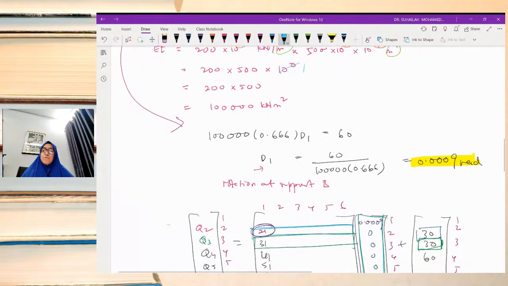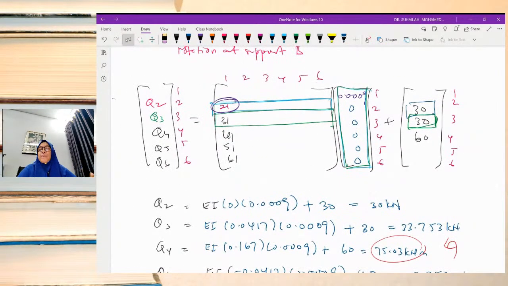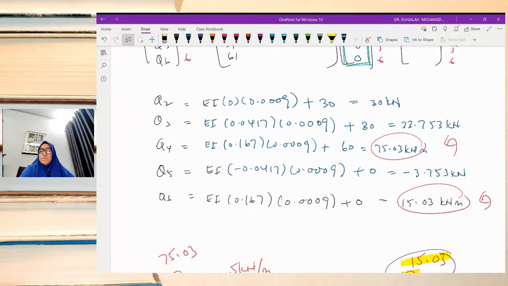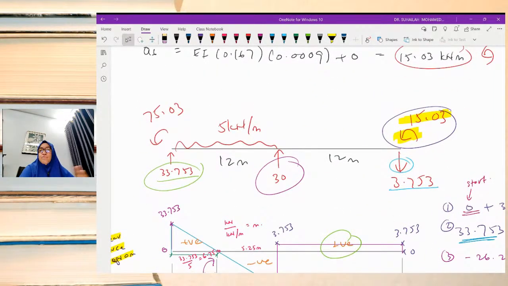Then solve this. You have to recall what you learned previously in your mathematics course. This is just a simple matrix formulation calculation. So this is the mathematical calculation, and all this gives us the beam in full.